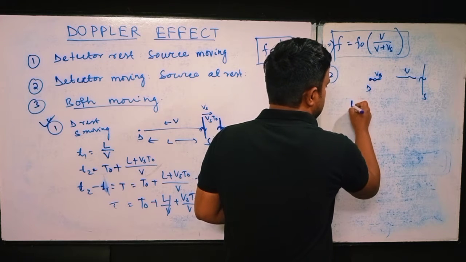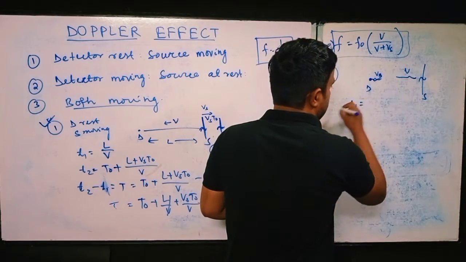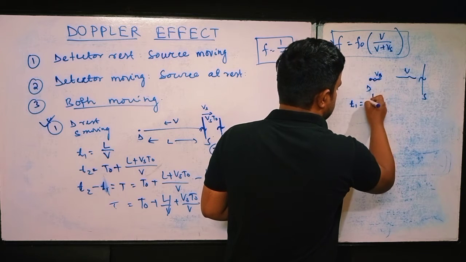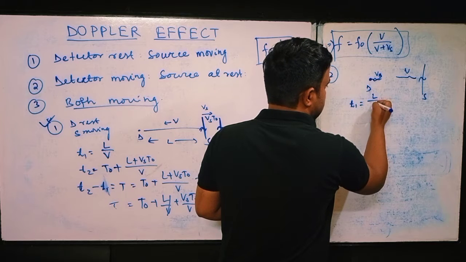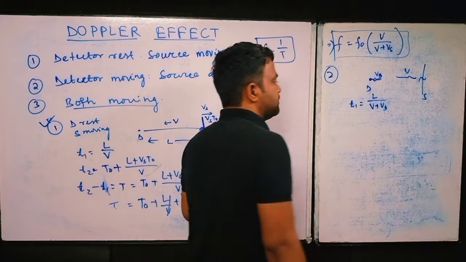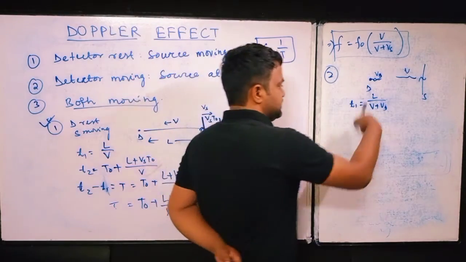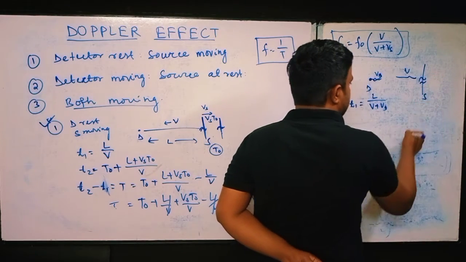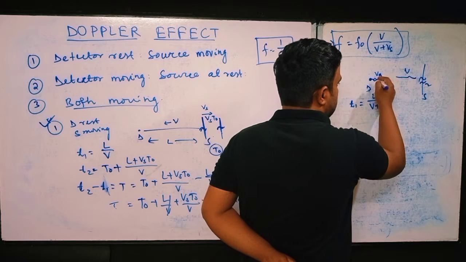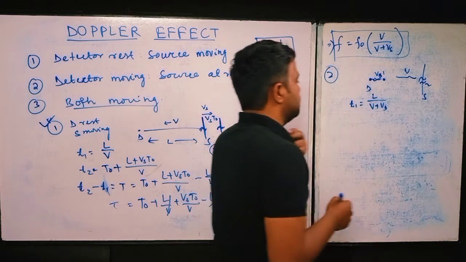So the detector will receive the first pulse in a time, let's say the distance is x or L, whatever you use, T1 equals L by V plus Vd. Now let's say when the source produces the second pulse, at that time the detector is at a new position.